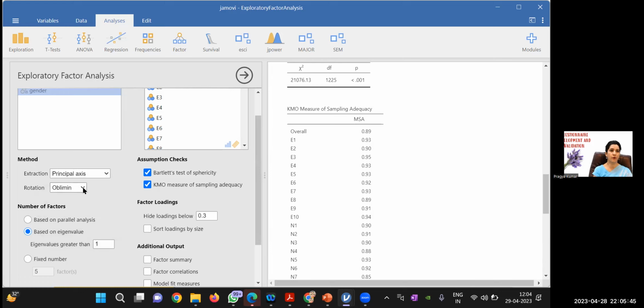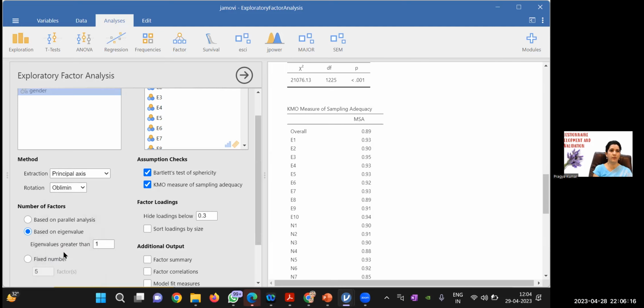For rotation, we know there are 2 types, orthogonal and oblique. Varimax, Quartimax and Equamax are all orthogonal types. I'm not going into the detail of when to use each; don't go into those minor statistical jargon. Most of the time you will use Varimax or Oblimin.